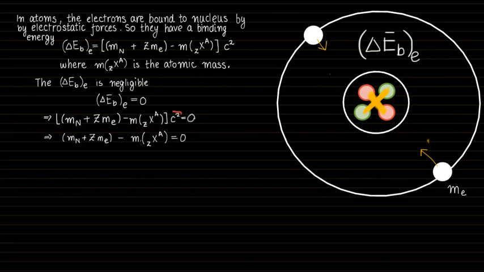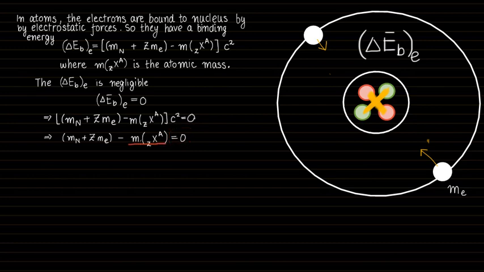Now, if you look at the second term, which is your speed of light, will it ever be equal to 0? The answer is no. The only possible case is that this part, which is inside the bracket, has to be 0. So the nuclear mass plus the total mass of the electrons minus the atomic mass should be equal to 0.